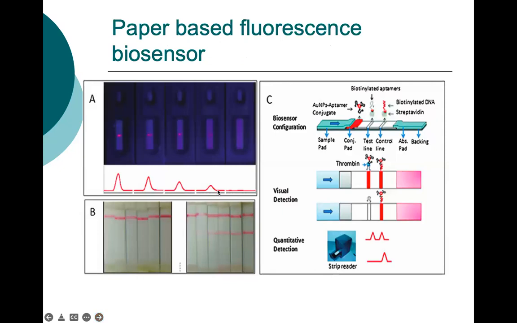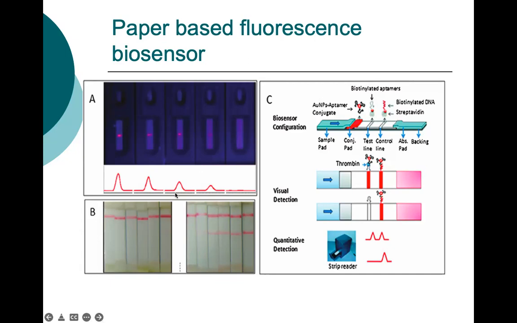This one is also a paper-based biosensor, just like the one that I showed just now. But the commonly used gold nanoparticles show an orange color or dark purple color.